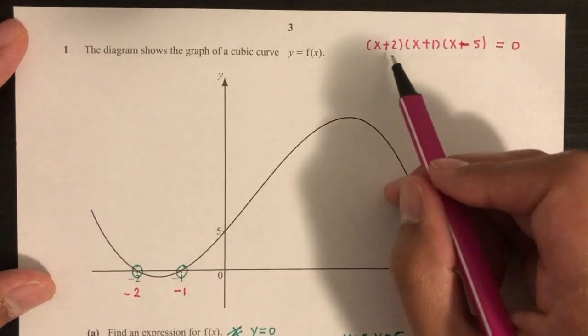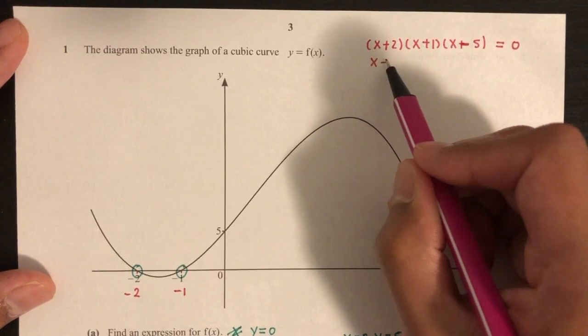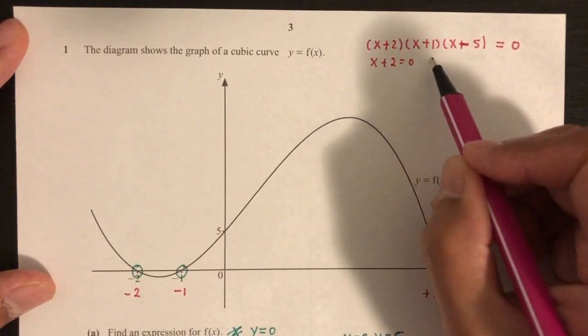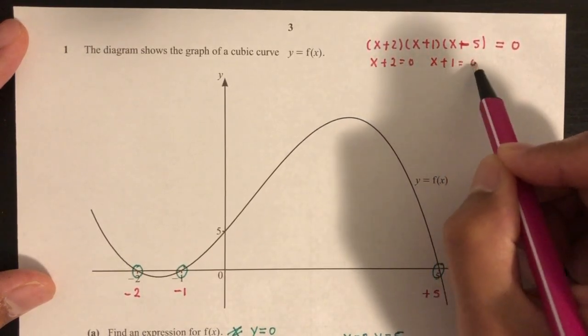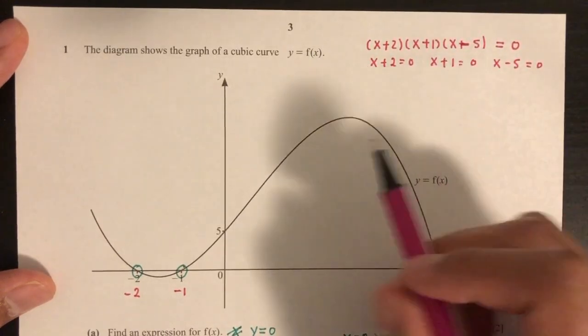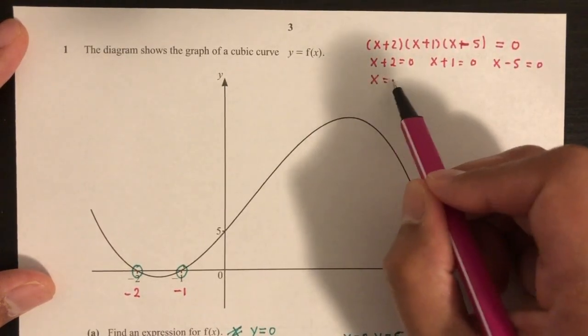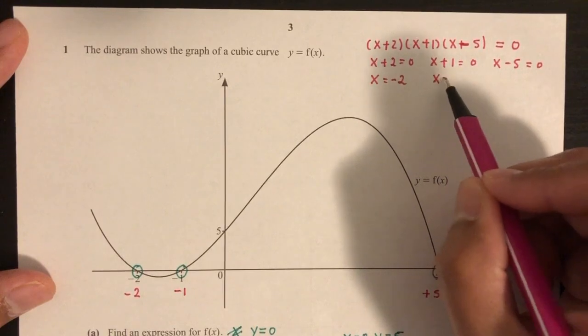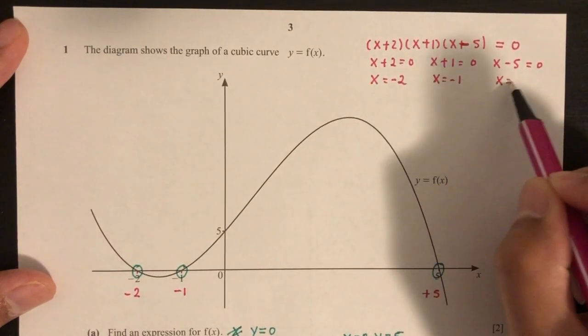To find the values of x, you will do x plus 2 equal to 0, x plus 1 equal to 0, and x minus 5 equal to 0. So now find the values of x. You will have x equal to minus 2, x equal to minus 1, x equal to 5.